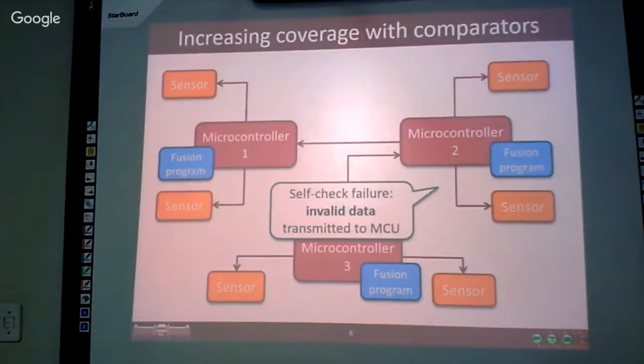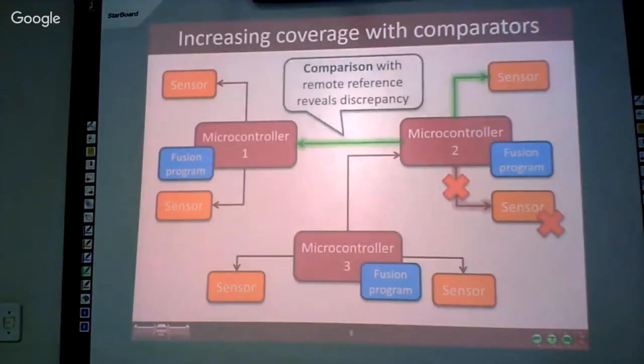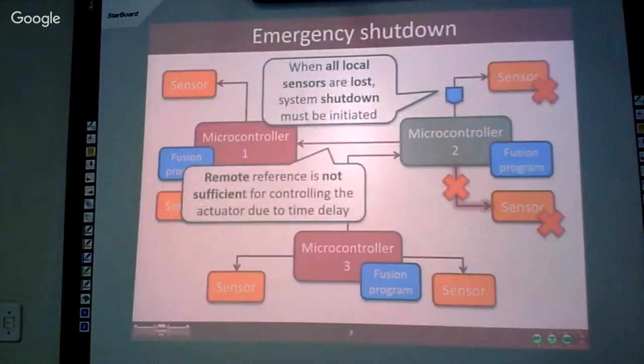But sometimes the self-check cannot find the error. In this case, invalid data will be transmitted to the microcontroller. And then we will run a comparison with remote reference to reveal the problems. But the problem is that the remote reference is not sufficient for controlling the actuator.